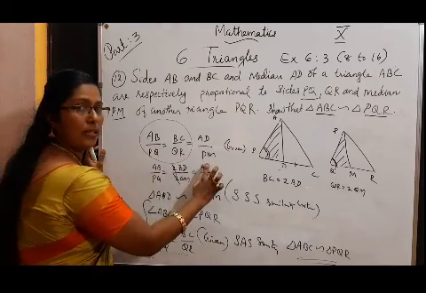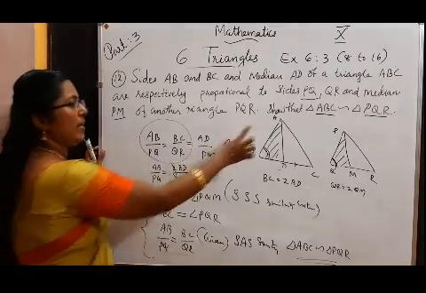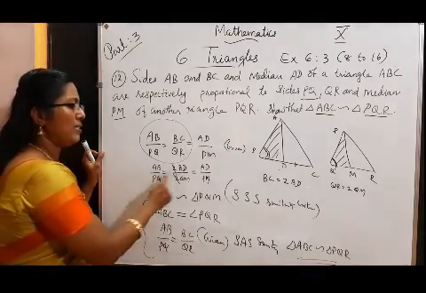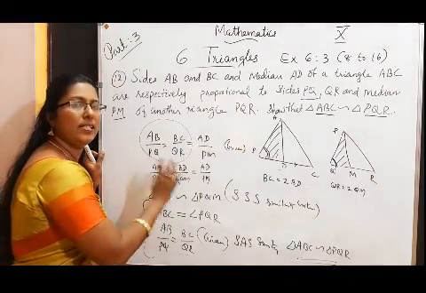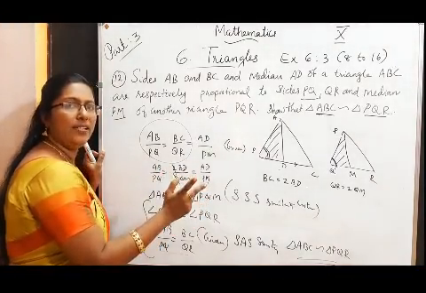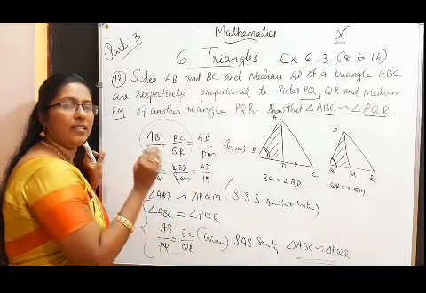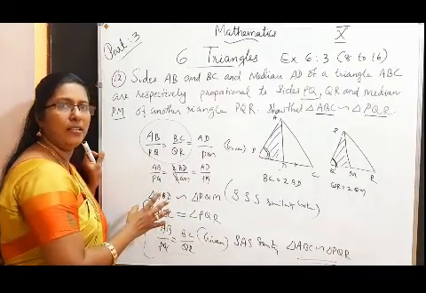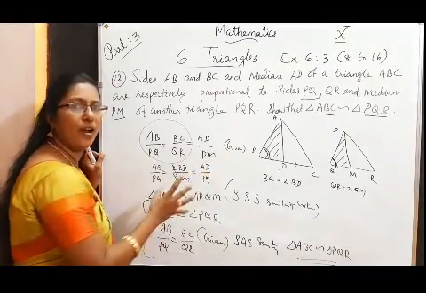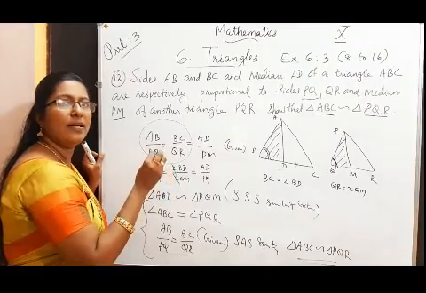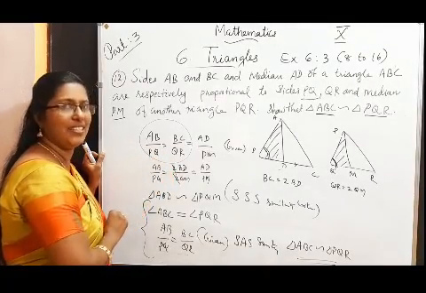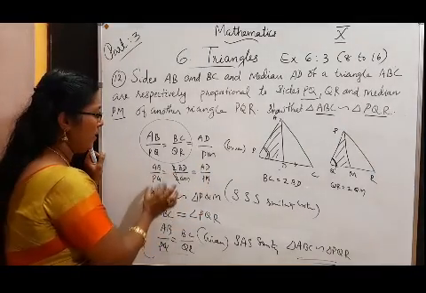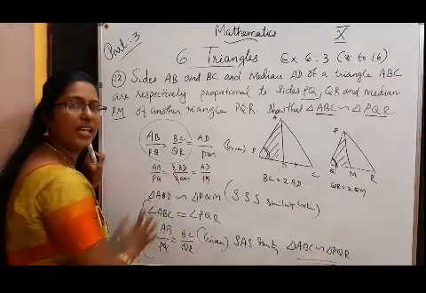Based on these sides, triangles ABD and PQM are similar by the SSS similarity criterion. If the three sides of a triangle are proportional to those of another triangle, the corresponding angles are equal, and that is the SSS similarity criterion.